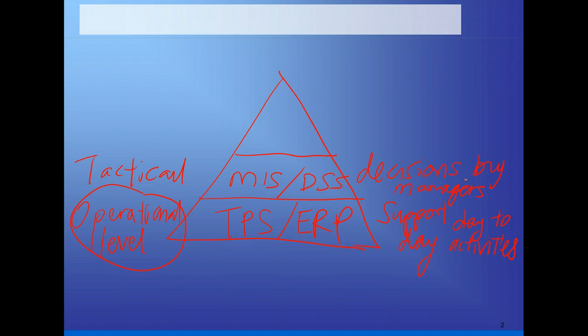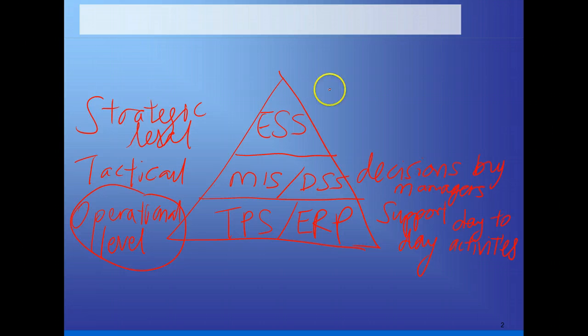And finally, we have our executive support systems, which are at the strategic level, where they support long-term and also strategic decisions by our senior management.